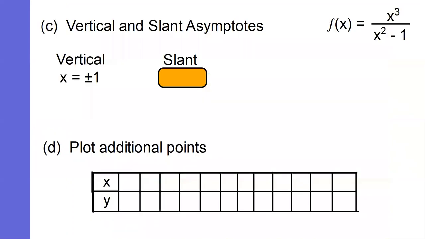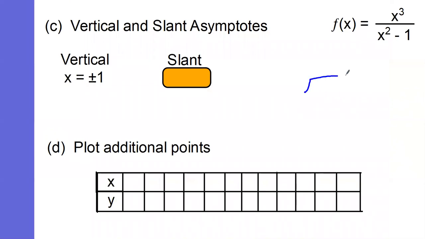Right, slant asymptote. This is where I have to do the long division. I need to take x cubed, and let's put in these placeholders here. I want to divide x cubed by x squared minus 1. Start by doing x cubed divided by x squared. That would be x.